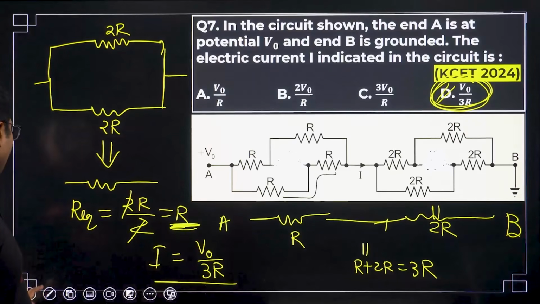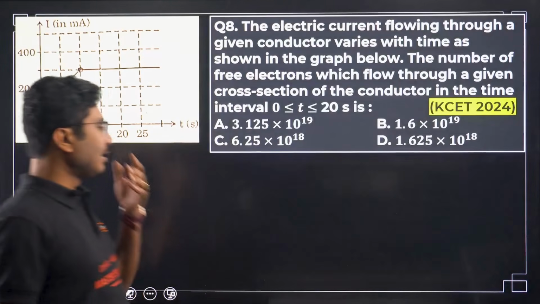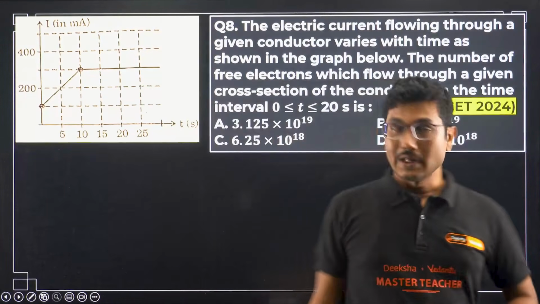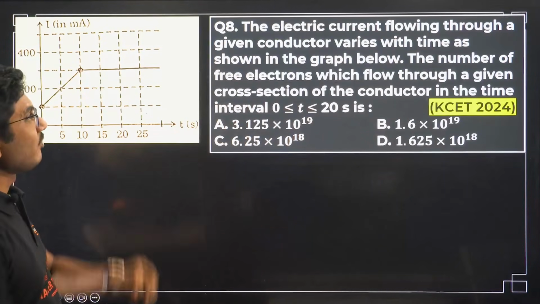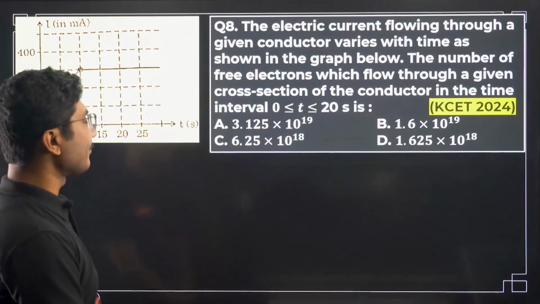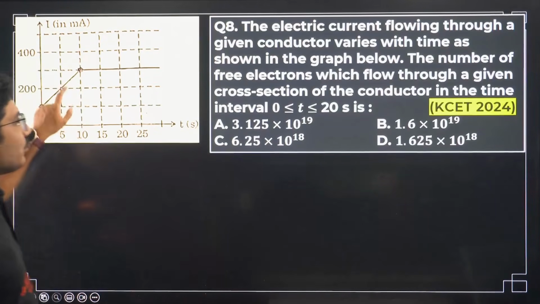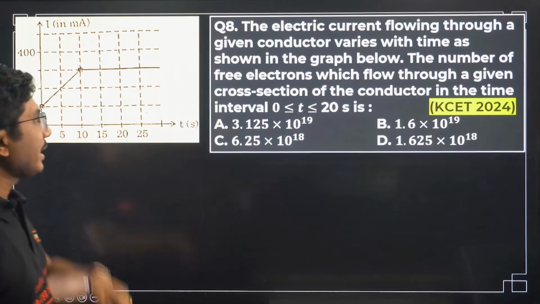Simple question, don't get afraid seeing the circuit itself. Now it's another good question. The electric current flowing through a given conductor varies with time as shown in the graph below.